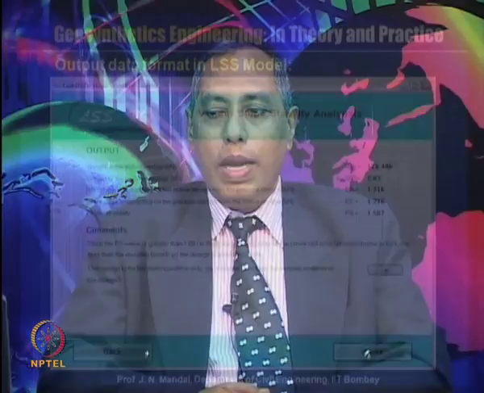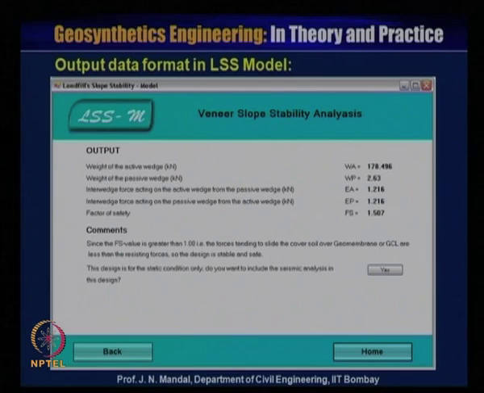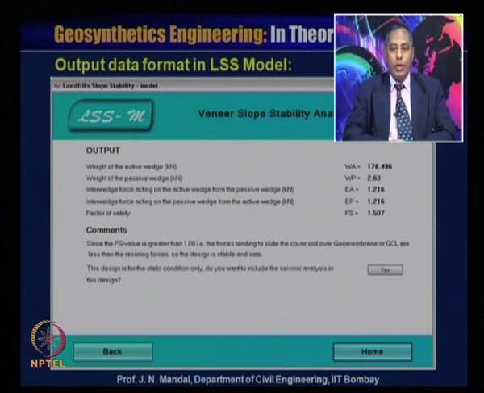Then you will have the output, that means weight of the active wedge WA is 178.496, weight of the passive wedge WP is equal to 2.63, and the inter-wedge force acting on the active wedge from the passive wedge, EA, is 1.216 kilonewton, and inter-wedge force acting on the passive wedge from the active wedge, that is EP, is 1.216 kilonewton.